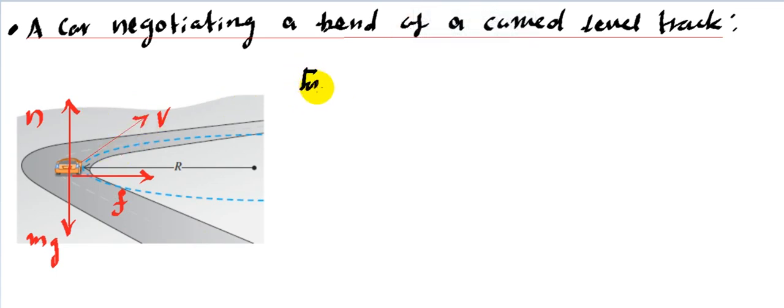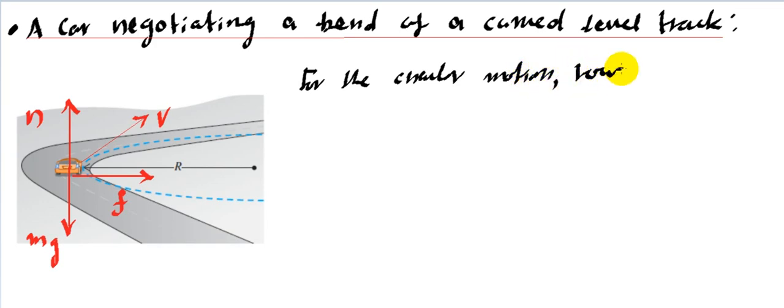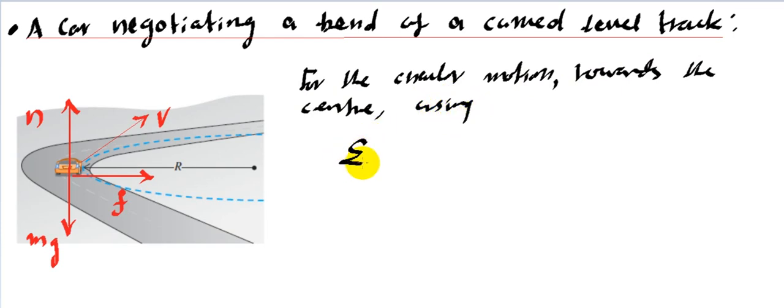For the circular motion towards the center, using Newton's second law of motion, the resultant force in a given direction is equal to the mass times the acceleration in the same direction.